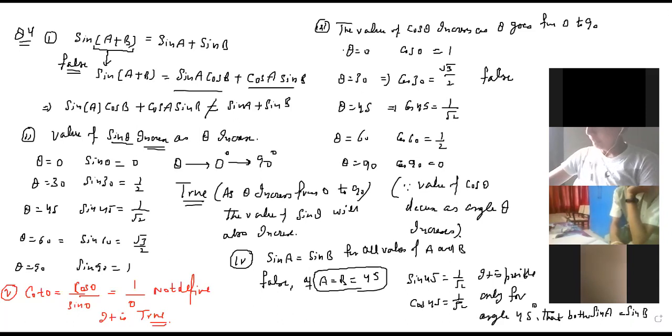Sir, in the fourth question, instead of sin A equal sin B, it should be cos B, right? Which fourth question, beta ji? Sir, fourth part. Sin theta is equal to cos theta for all values of theta.